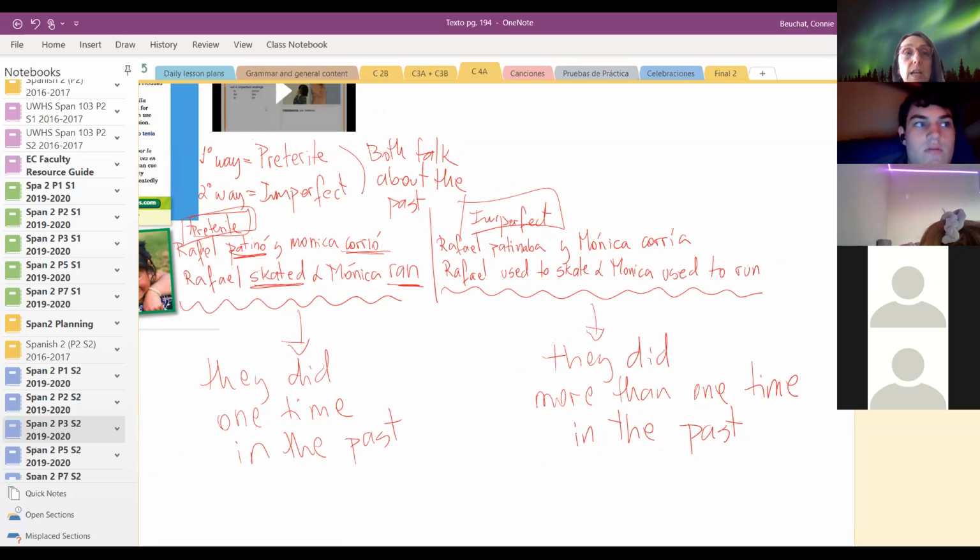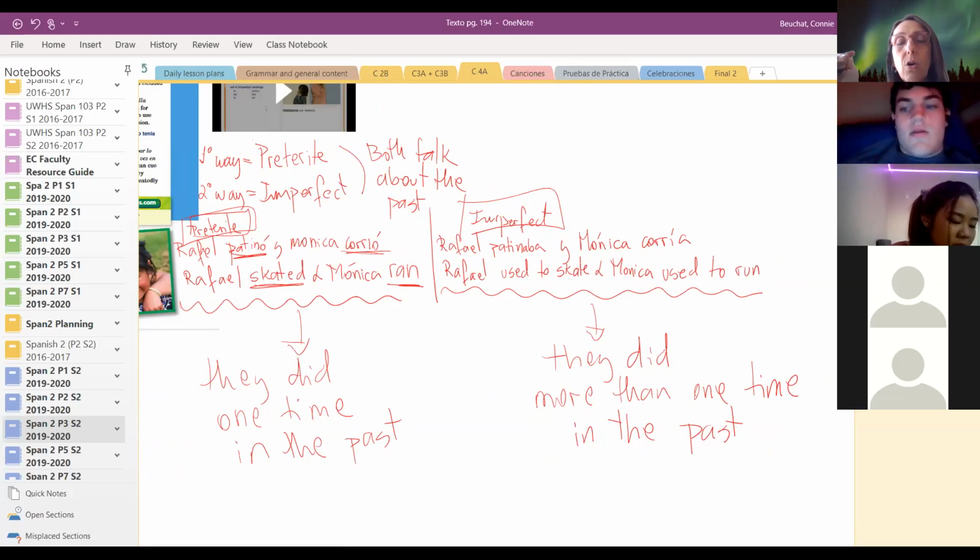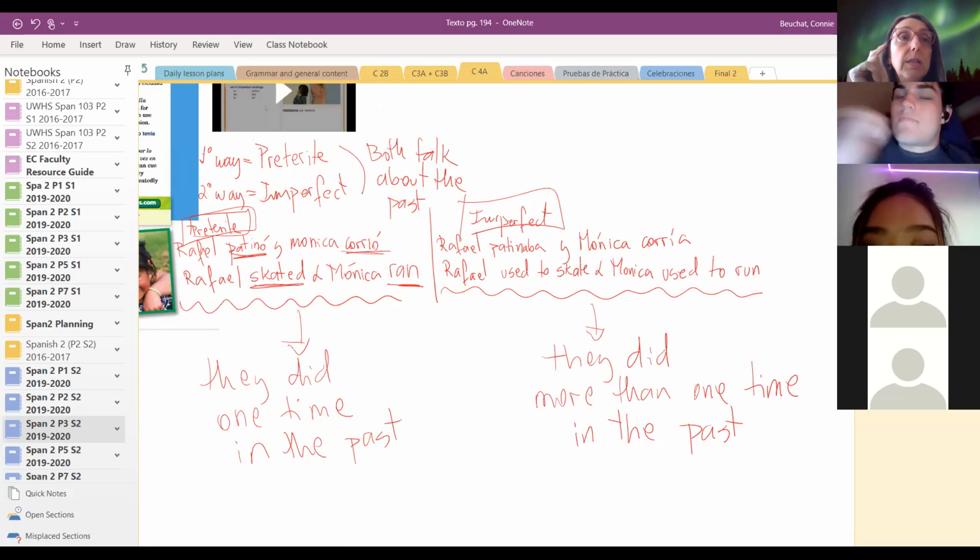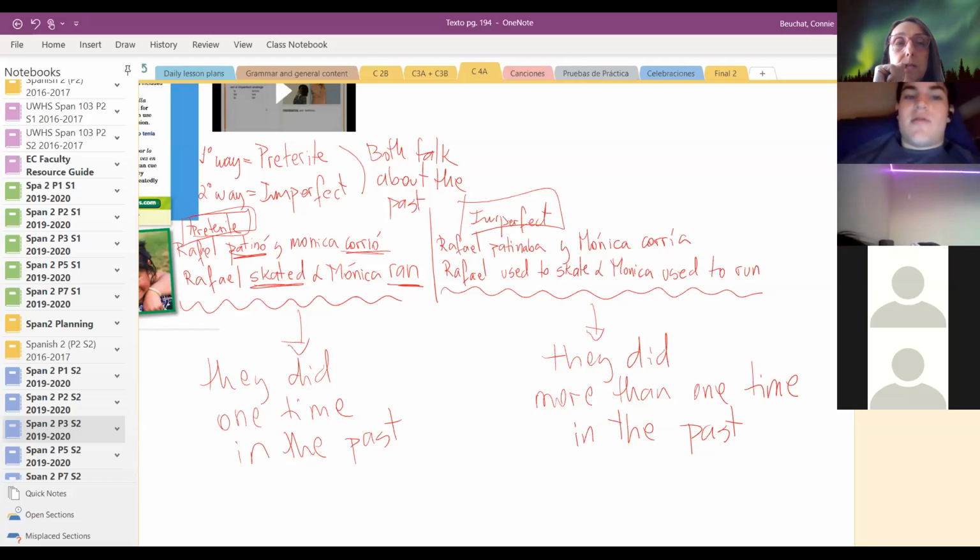Like I said, there are more translations and they depend on the context, okay? But for now, we're going to stay with used to versus did. Right. For me, it comes off like this person used to run until she broke her leg, or until something happened. That's a good way. That's a good way to see it.